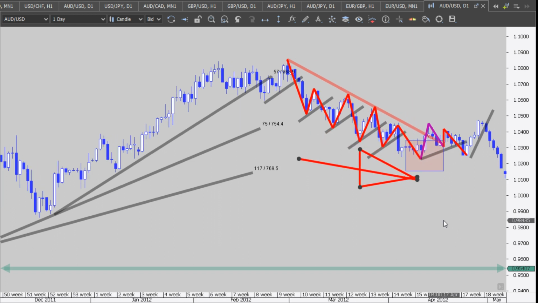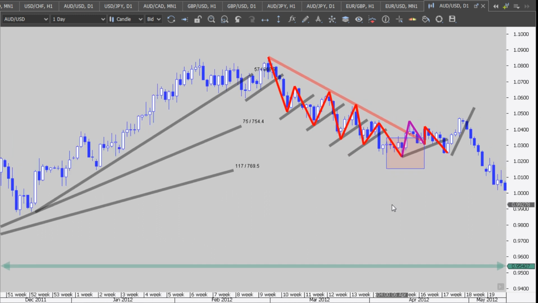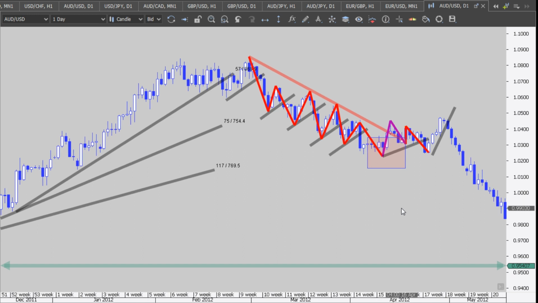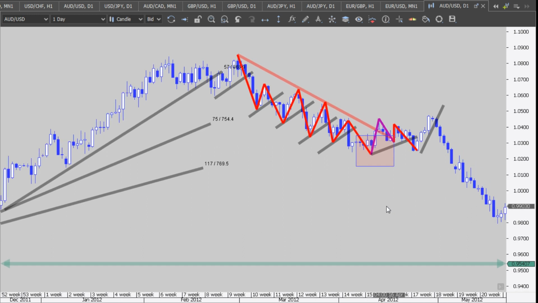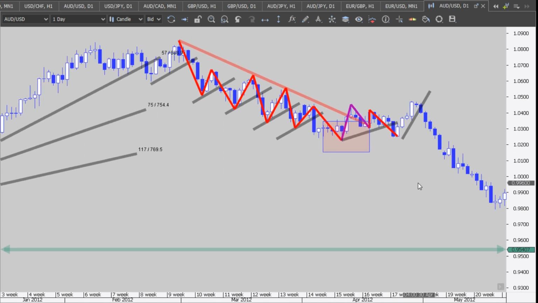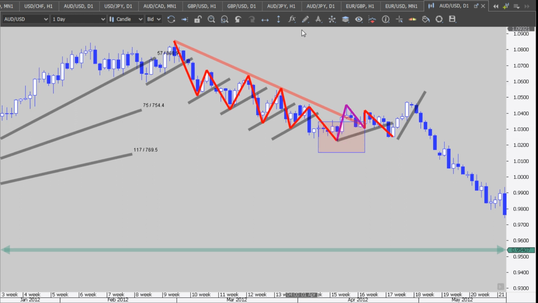So let's wait. Okay, now the market is falling. Wait. Okay, one more. We have another counter trend line break in here. Who has the courage to enter a short trade in here, everybody? Who has the courage?